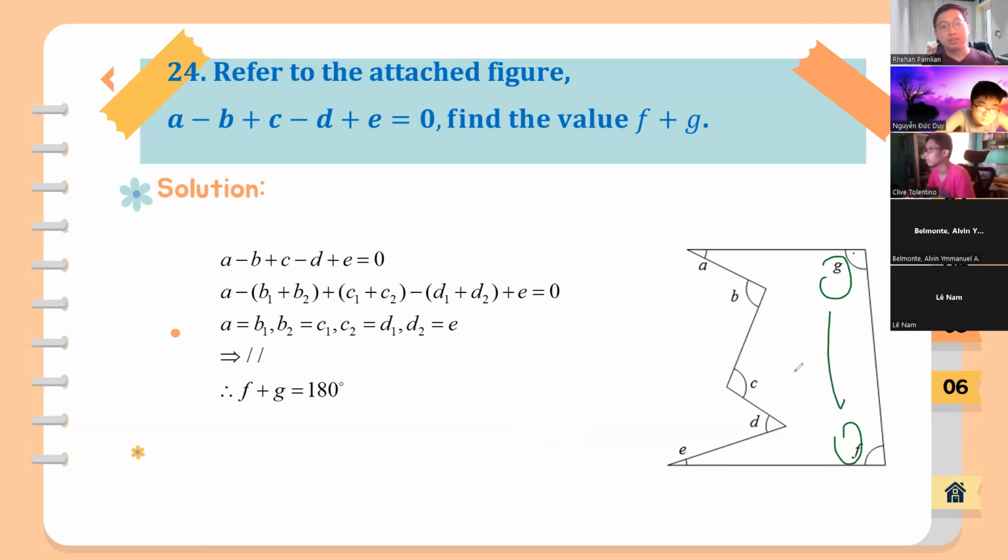So the total would be 180. That's a good guess. I would always answer 180 directly because based on the figure, they look like they are parallel. So with no further thinking, my answer would be 180 because they are supplementary.